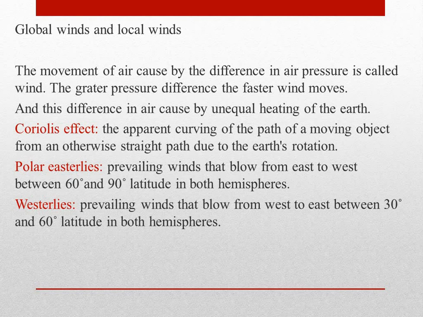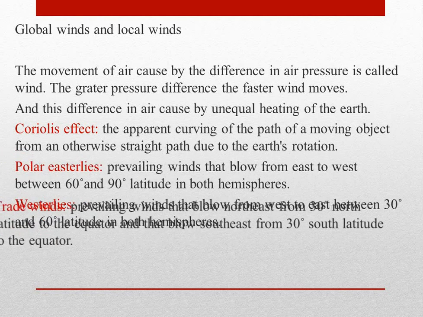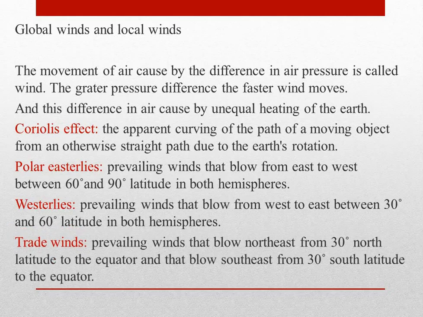Westerlies: prevailing winds that blow from west to east between 30° and 60° latitude in both hemispheres. Trade winds: prevailing winds that blow northeast from 30° north latitude to the equator and that blow southeast from 30° south latitude to the equator.